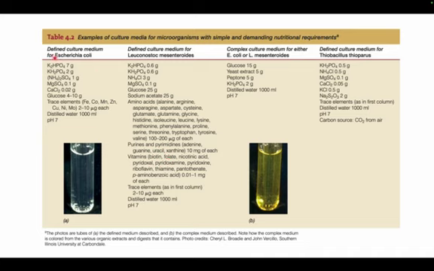If I want to have defined culture media, where I am defining the concentration of each component in the medium, for growing a simple organism like E. coli, then I can use a mixture of several salts. You can see here these are going to provide the ionic components of our solution, and they're also going to maintain the osmolarity of the solution.